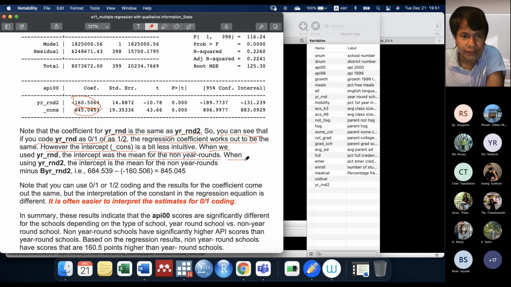But when you use year round 2, the intercept is the mean of non-year round minus this year round 2, for example intercept minus 160. So the mean of the non-year round school is still the same; the way you calculate it is not the same as before.